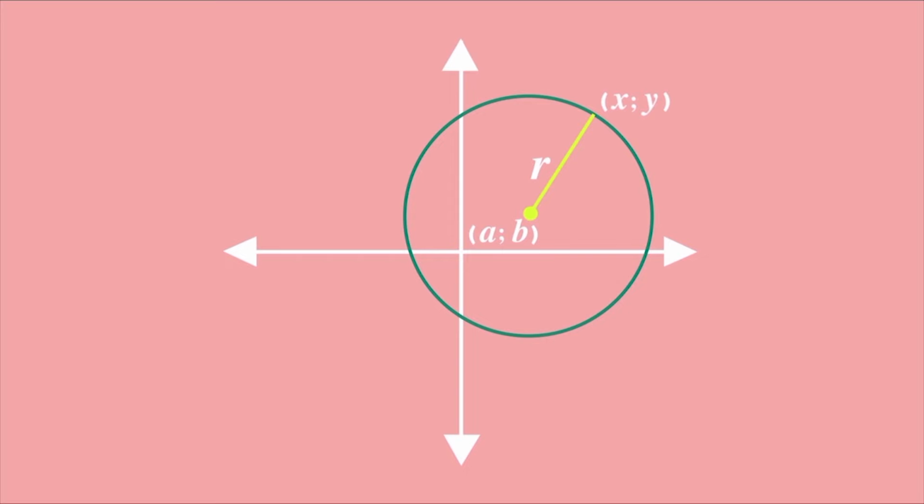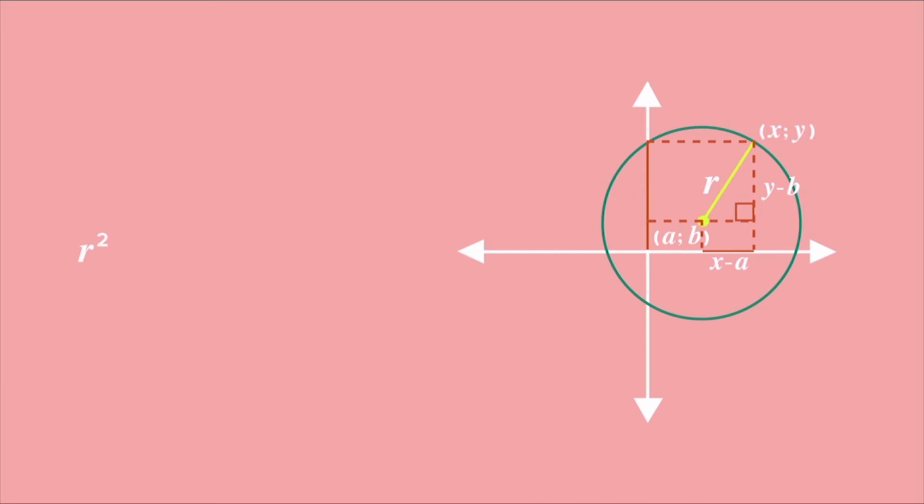This is actually the same as using the distance formula that you know. If you make a right-angled triangle using r as the hypotenuse, you can work out the lengths of two sides of the triangle. The length parallel to the x-axis is x minus a, and the vertical length is y minus b. So the radius squared equals x minus a all squared plus y minus b all squared.